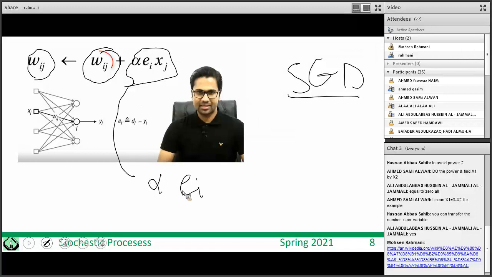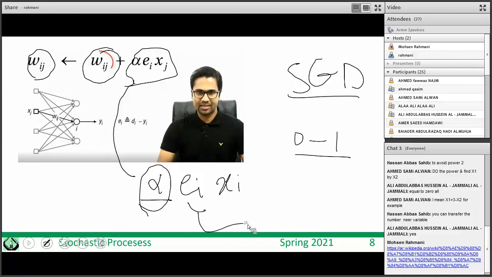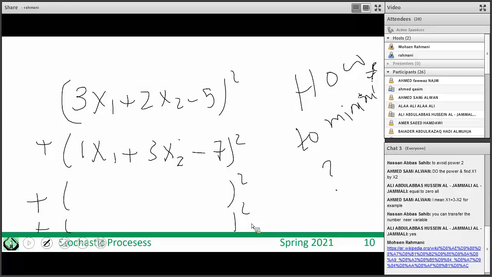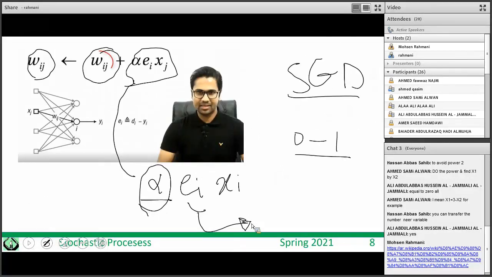The value is alpha Ei Xi. What is alpha? Alpha is a number between 0 and 1. And what is Ei? Ei is the error of one input. Error is the difference between the output and the desired output. And Xi is the input.